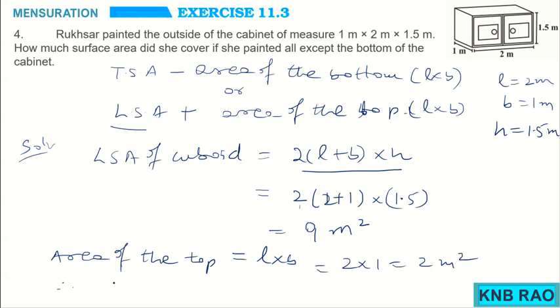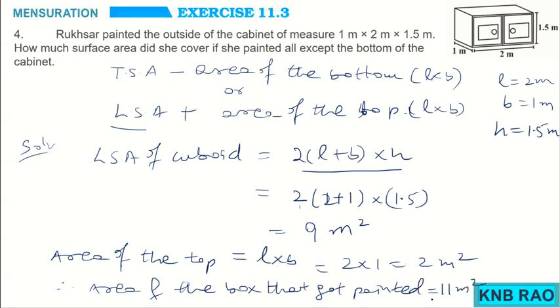Thus area of the box that got painted is 9 plus 2, 11 meter square. This is how we solve this question.